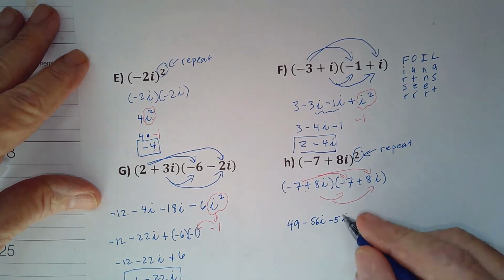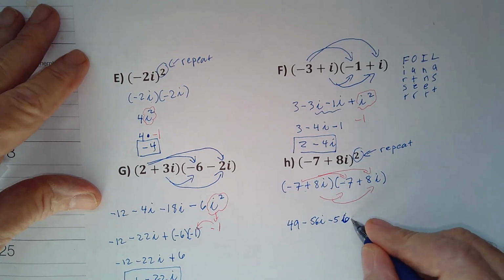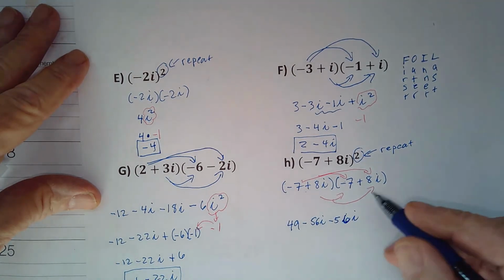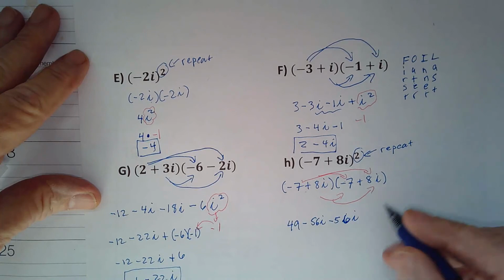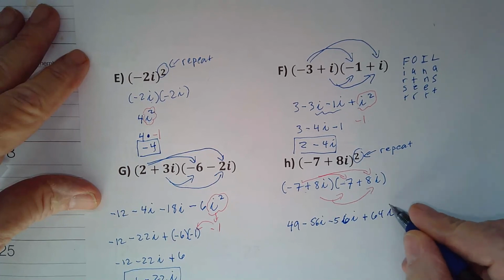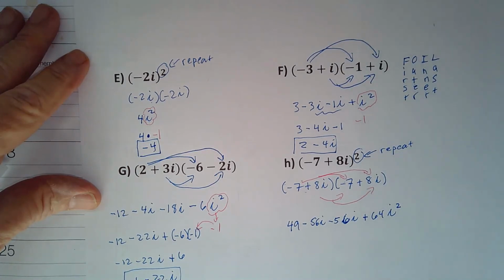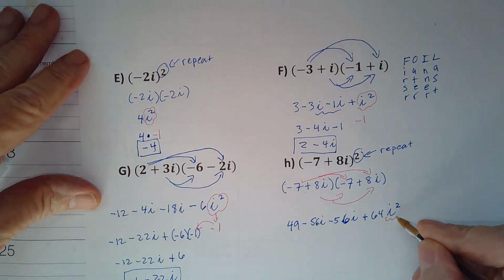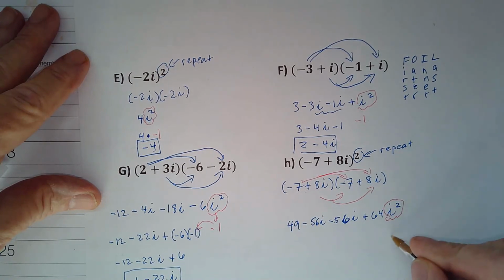So, boy, I did it again, negative 56i. There we go. And then 8i times 8i, 8 times 8 is 64. They're both positive, so plus 64i squared. All right. i squared again, guys. Okay. So that's negative 1.